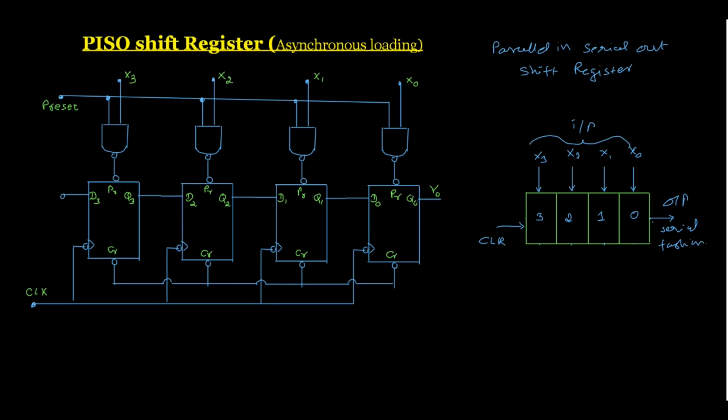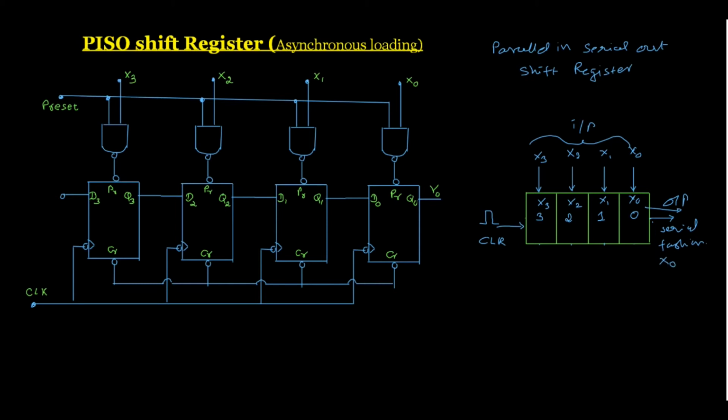Then as we apply the clock, this data is moved from left to right. Initially when we have loaded the data, the first flip-flop will contain x0, the flip-flop 1 contains x1, the second flip-flop will contain x2 and this will contain x3. Then when we apply the clock, first of all x0 will come out.